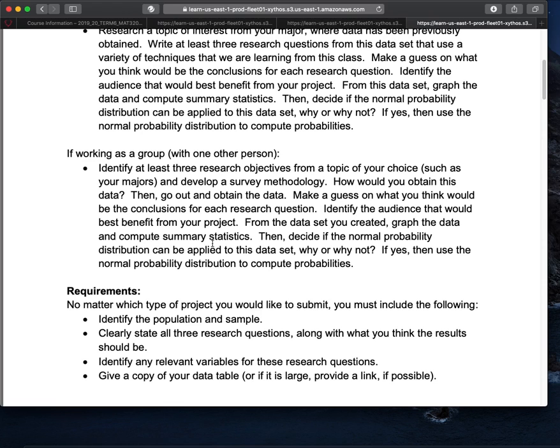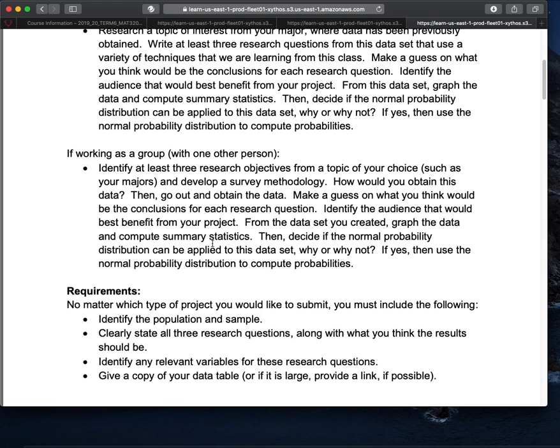But then how would you obtain the data? Who would you ask? How are you going about doing so? Then make a guess at what you think would be the conclusions for each of your research questions based on the data that you just obtained. Identify the audience that would best benefit from your project. And then based upon this data, graph the data, summarize it, decide if the normal probability distribution can be applied, why or why not.